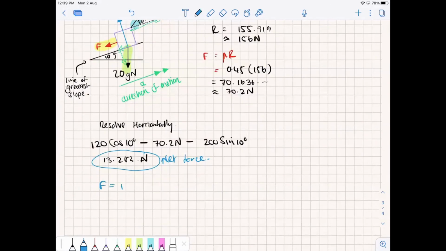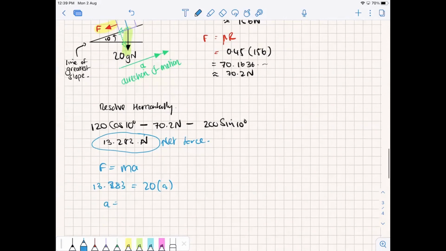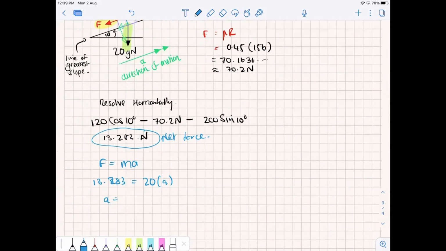Right, very quickly, force equals mass times acceleration, right? We know the force now, it's 13.283. The mass of the object was 20 kilograms. So we can divide our answer by 20. And I think I've done something horrendously wrong in my calculator and got the wrong answer.